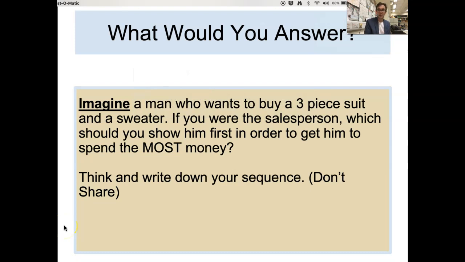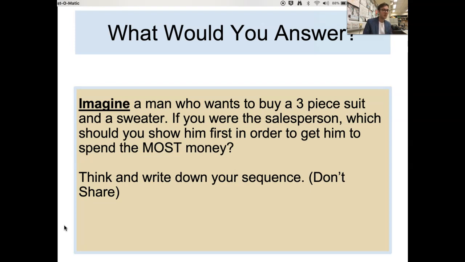So now you've had a chance to answer this. What would the salesperson have done, or what would you have done? Hopefully you said you would have tried to get this customer to buy the most expensive item first, right? Get him to buy the 3-piece suit first, because suits are expensive.